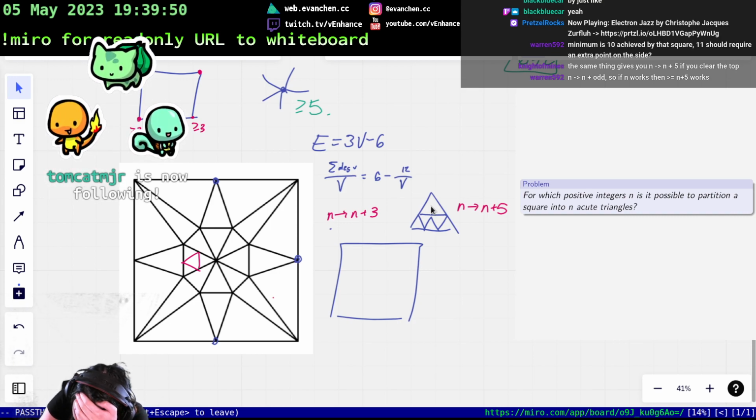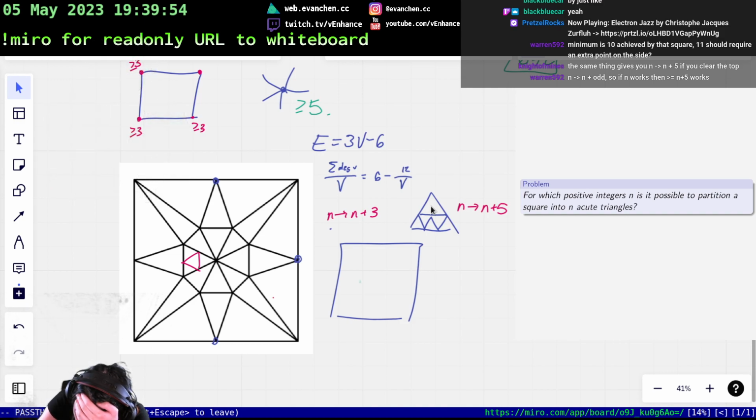Well, what I want to do is draw one example that is not terrible, and then manually bash to show that the... Oh, actually, yeah, that's a good point. I don't need to. It's like n goes to n plus 7, right?